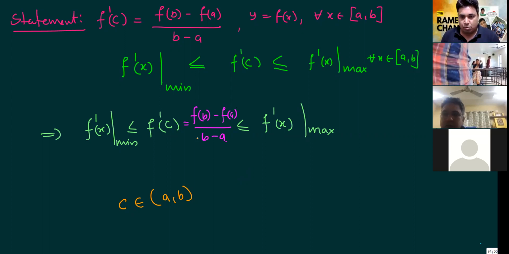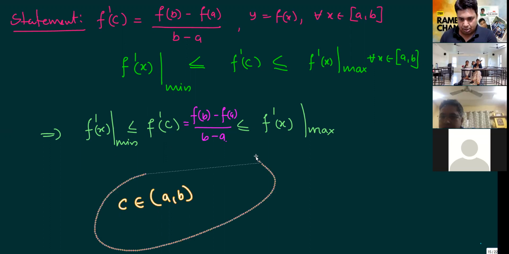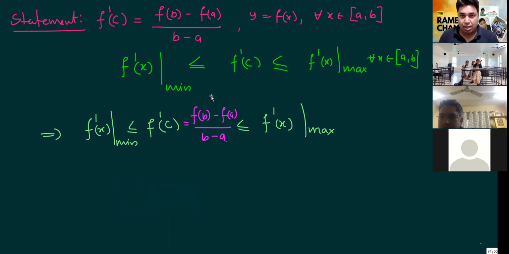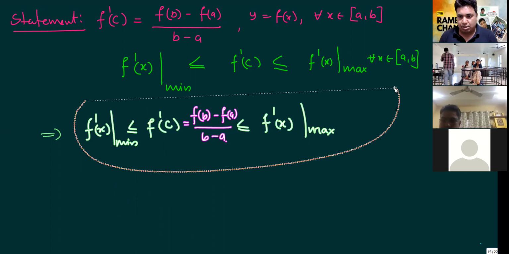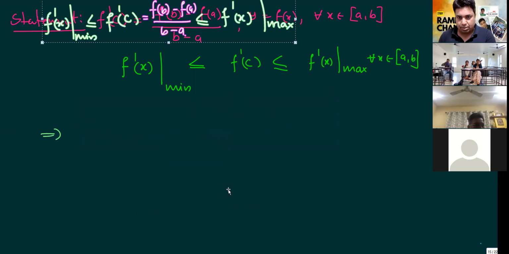So what is f dash c? f dash c is f of b minus f of a upon b minus a. So we have the concept here: f dash c equal to f of b minus f of a upon b minus a, and this number always lies between f dash x min and f dash x max.